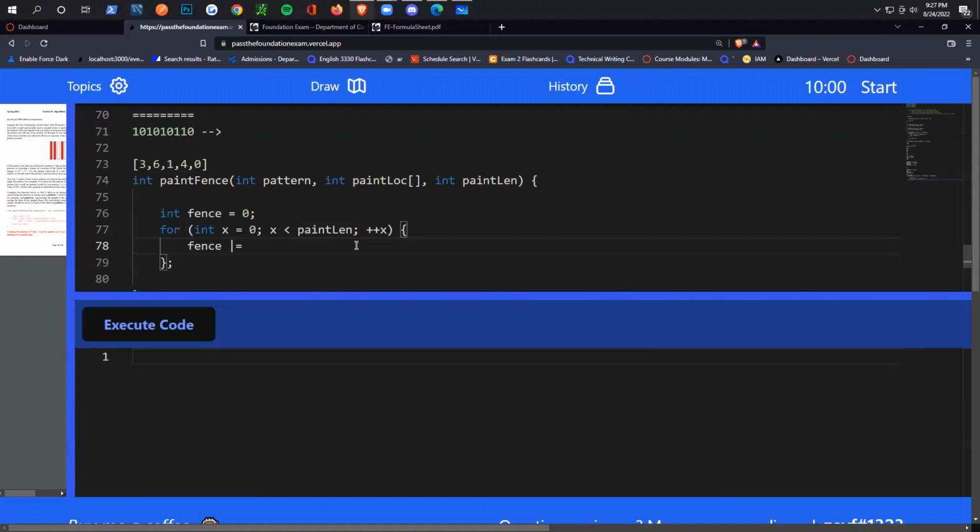So right here, we're going to have the pattern, and we're going to shift the pattern wherever it is. We're going to end up placing that pattern based on whatever the paint location is. So again, if we want to place it at bit 3, 0, 1, 2, 3.